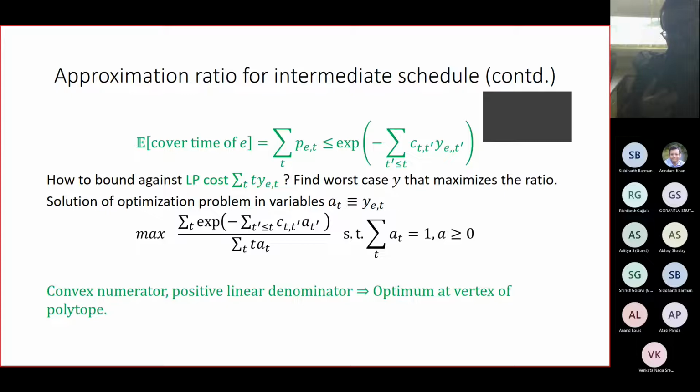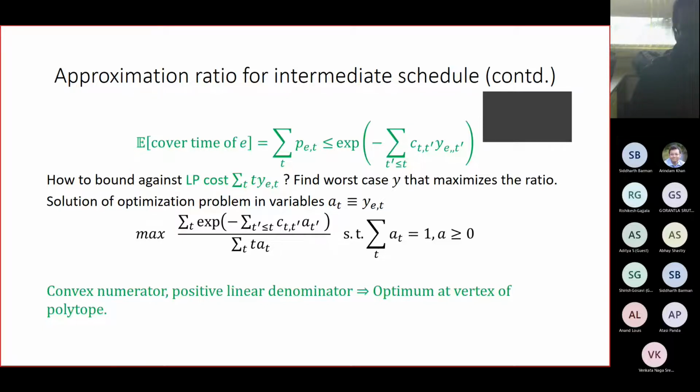We're looking at the ratio of the algorithm's cost and the LP cost, and that luckily turns out to be this ratio of a convex function and a linear function. And you want to show that this ratio is upper bounded by beta over beta minus 1. Yes, exactly. And that you can show by an explicit calculation.